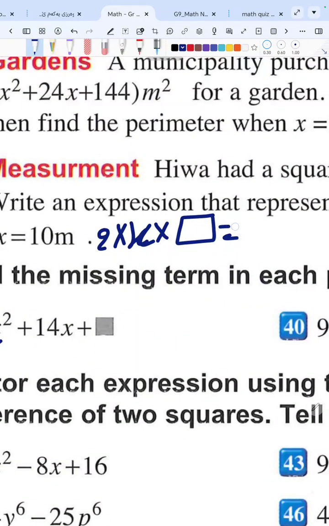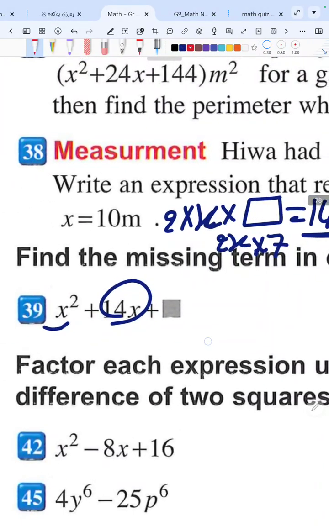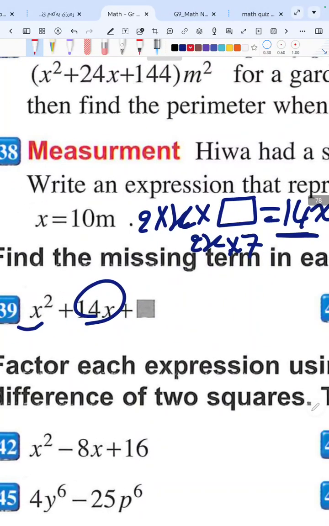It has to equal 14x. 2 times x, 2x. 2x times what equals 14x? Times 7. But as I told you, the first term and last term must be perfect square and positive. So it will be 7 power 2. 7 power 2 equals 49.